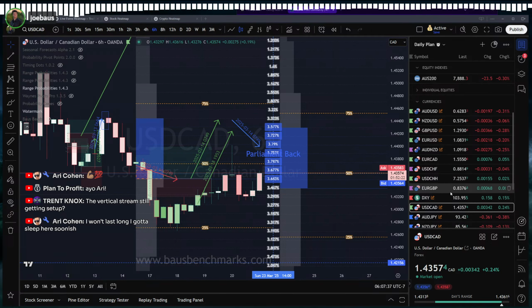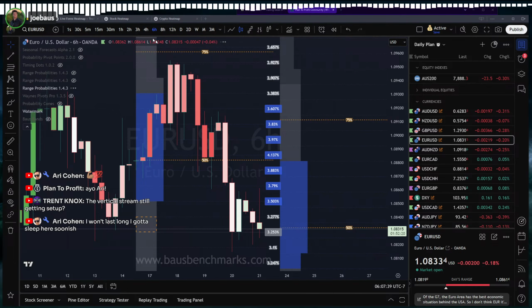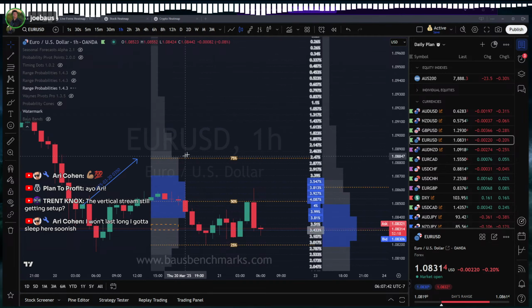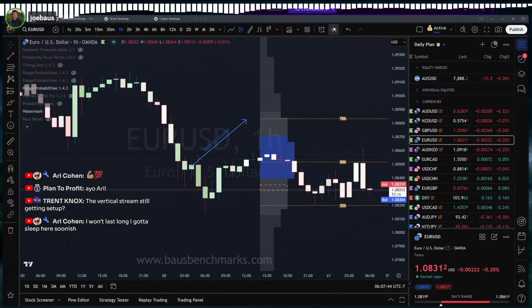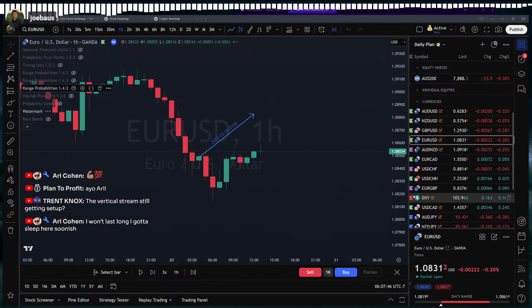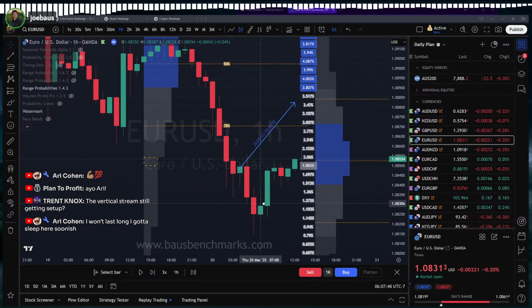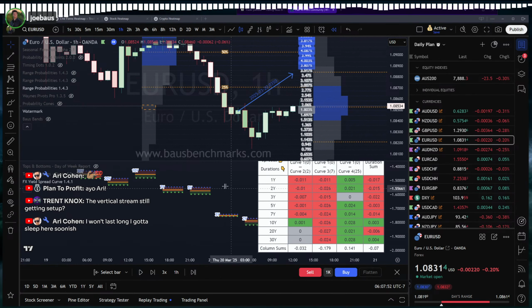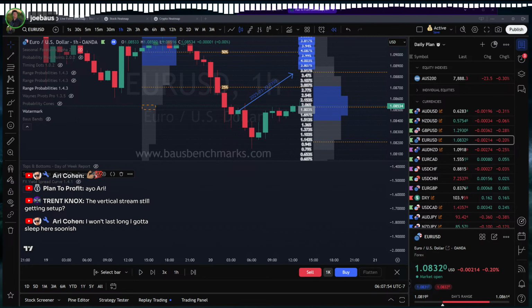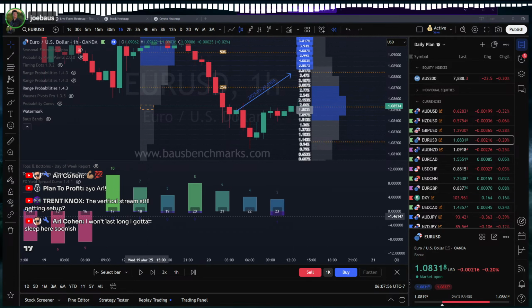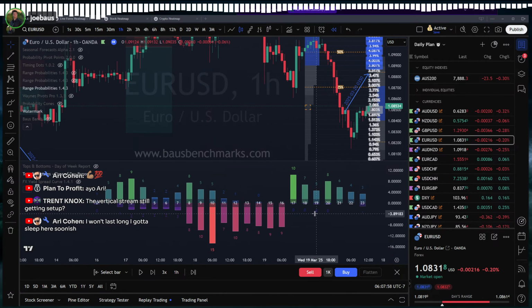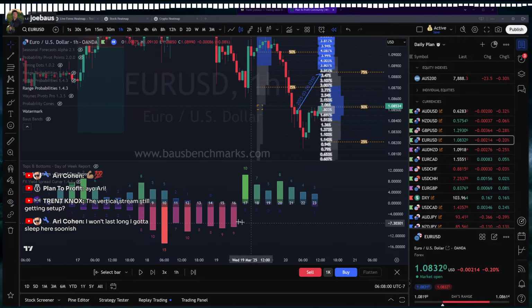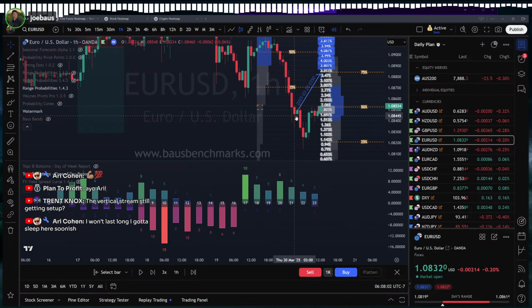Actually, on the euro dollar, I was looking at the trade group for this expectation that we set up in yesterday's stream. Get this, when we were doing the analysis on the stream and looking at this in the trading group, we were looking at this time of day report indicator. We were saying, oh, okay, so sometime in the next 2 to 4 hours, we should be getting the low for the day here.